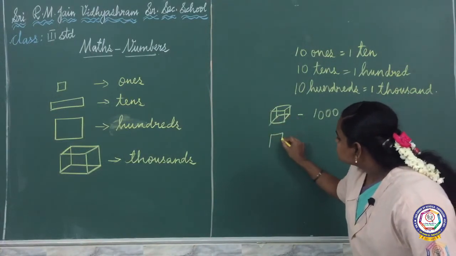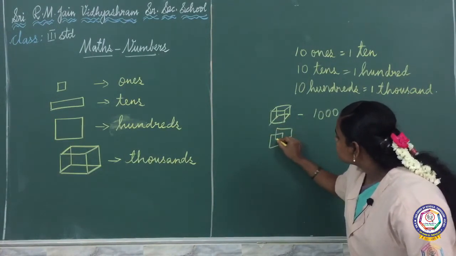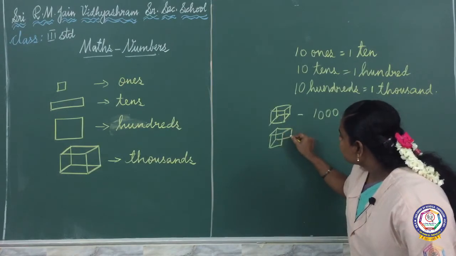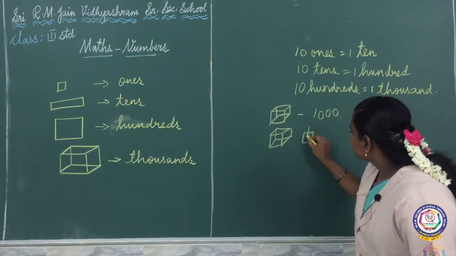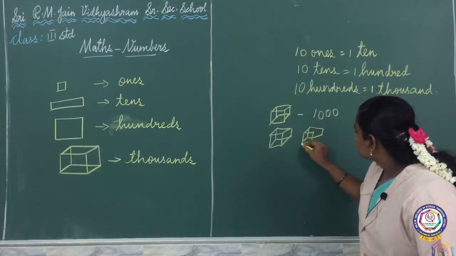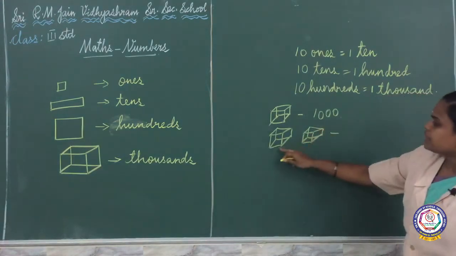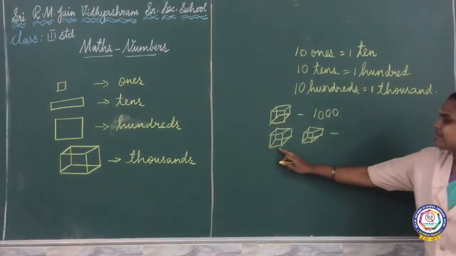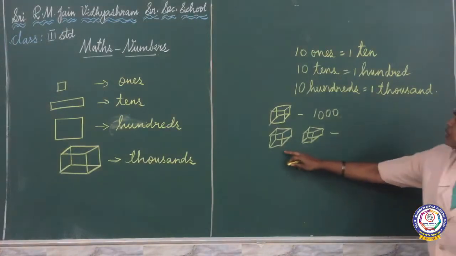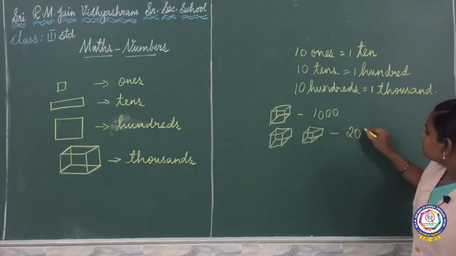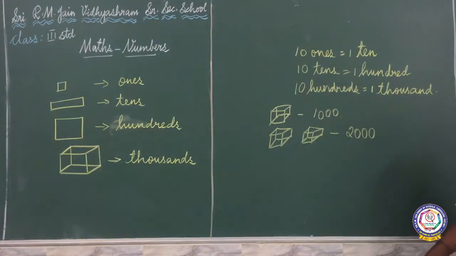See, this one equal to, here how many cube boxes are there? 2 boxes are there. So what is this? It's equal to 2000.